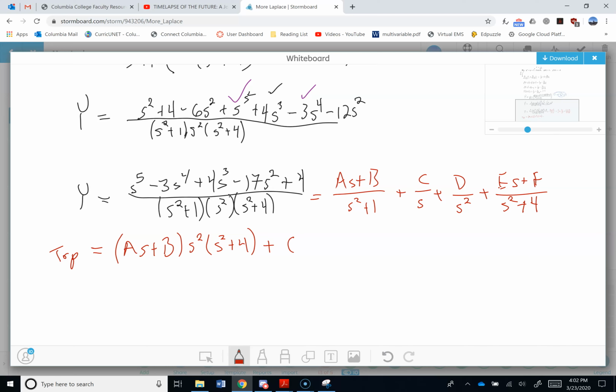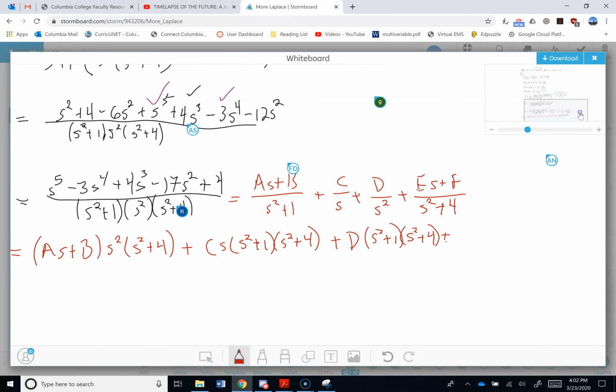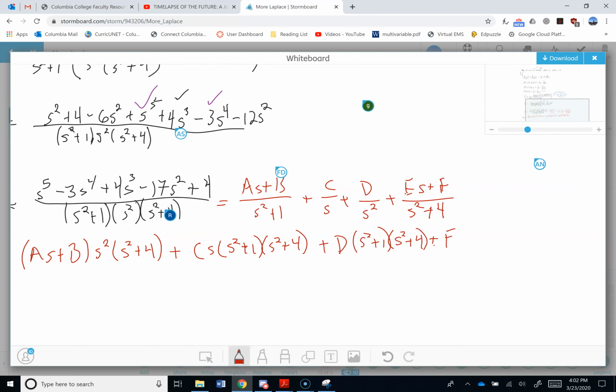And then I have plus c times s squared plus 1 times s squared plus 4 plus d times s squared plus 1 times s squared plus 4 plus es plus f times s squared times s squared plus 1.